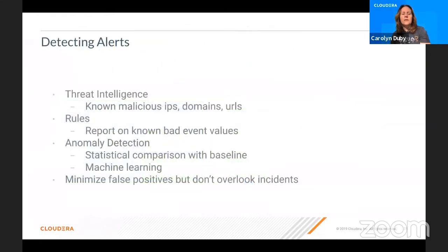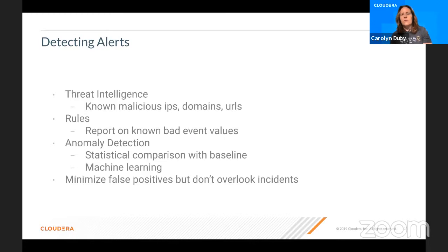For detecting alerts, there's lots of different things that we can do. We can apply threat intelligence, which is basically known bad, malicious IPs, domains, URLs, file hashes. We can have rules that report on known bad events. So when we see this particular field in this particular combination, that's a bad event.